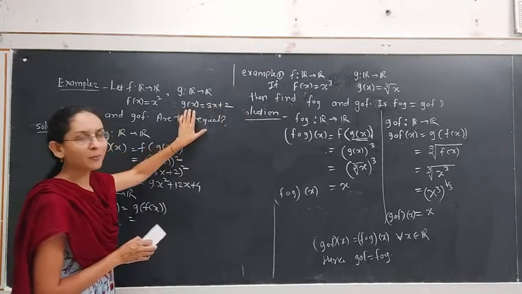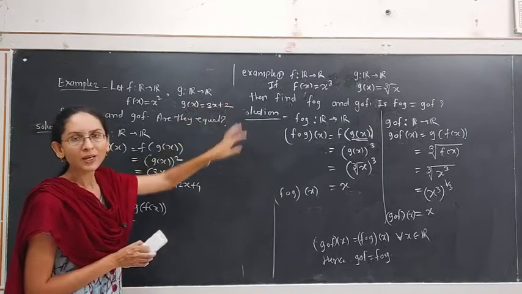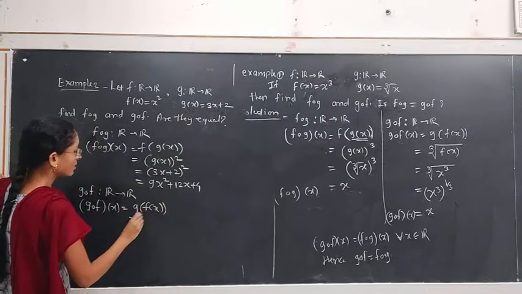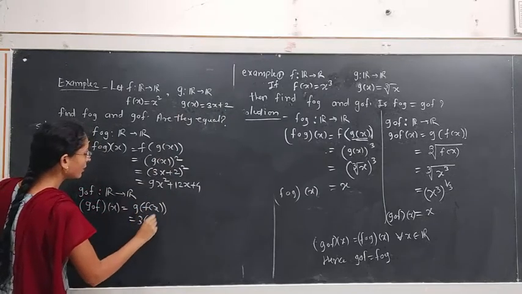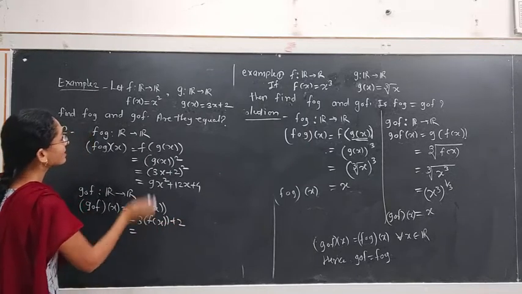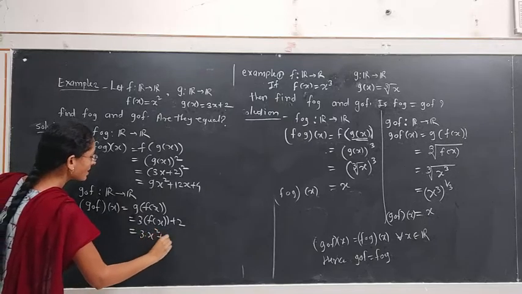So g of f of x will be 3 into f of x plus 2. Replace x by f of x. So this will be 3 into f of x plus 2. What is f of x? f of x is equal to x square. So 3 into x square plus 2.